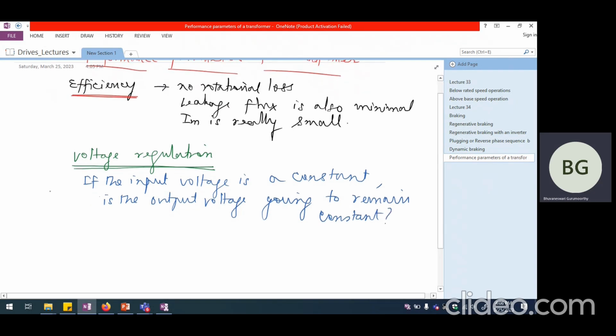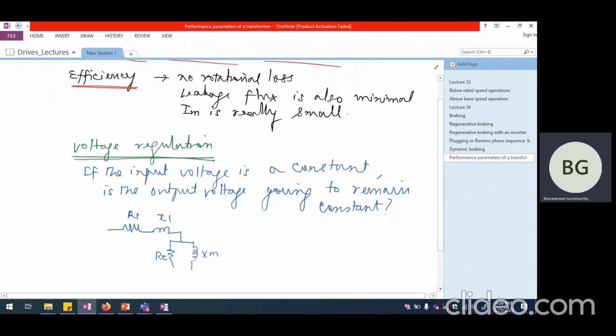If you may recall the equivalent circuit of the transformer, we said that R1 is the primary winding resistance, X1 is the leakage reactance of the primary winding, and we have RC, which represents the core loss component, and Xm, which represents the flux established in the core, linking both the primary and secondary, which is the root cause for transformer operation.